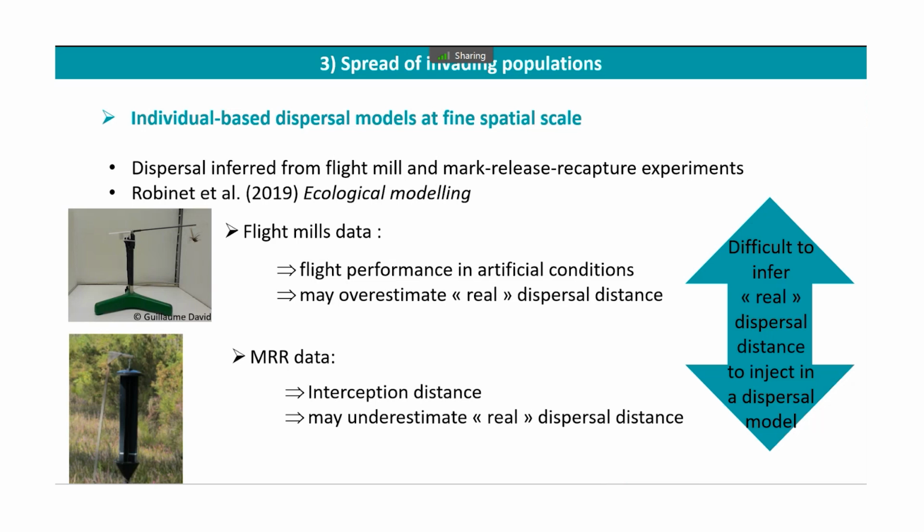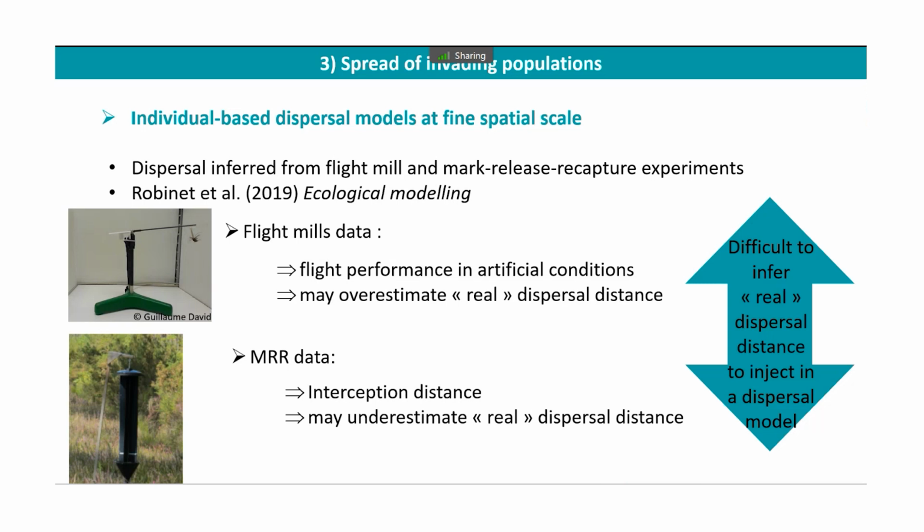So as you can guess, this is a flight performance in very artificial conditions. And we believe that we may overestimate the real dispersal distance because the insect does not need to carry its own weight; it is attached. Then the other method that we use is the mark-release-recapture experiment.